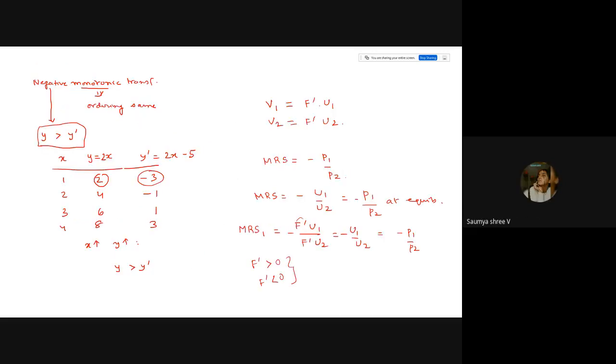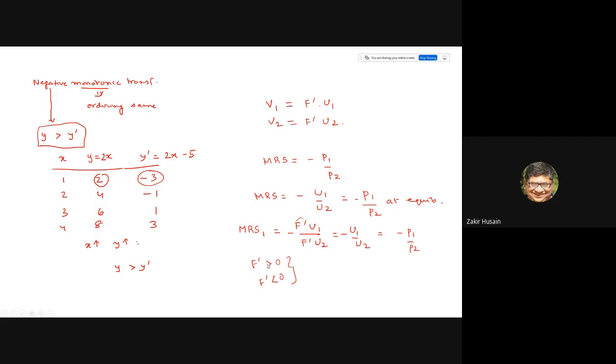Okay, sorry. What I said was that these f primes are going to cancel out, right? So whether this f prime is negative or positive, is it relevant? No. Now why is f prime important?